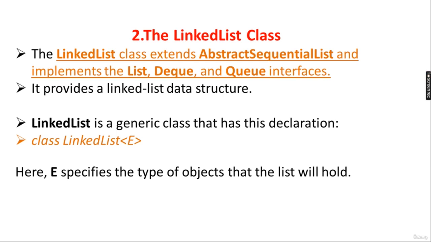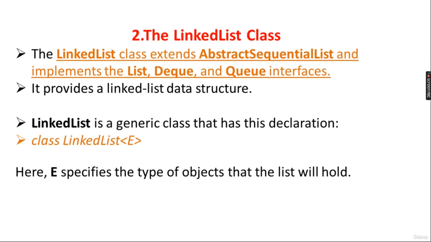The LinkedList class extends AbstractSequentialList and implements the List, Deque and Queue interfaces. So what you have to remember is LinkedList extends AbstractSequentialList and implements three interfaces: the List interface, the Deque interface, and the Queue interface.